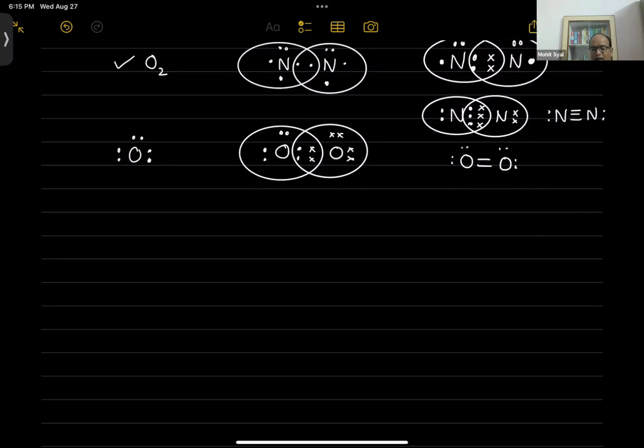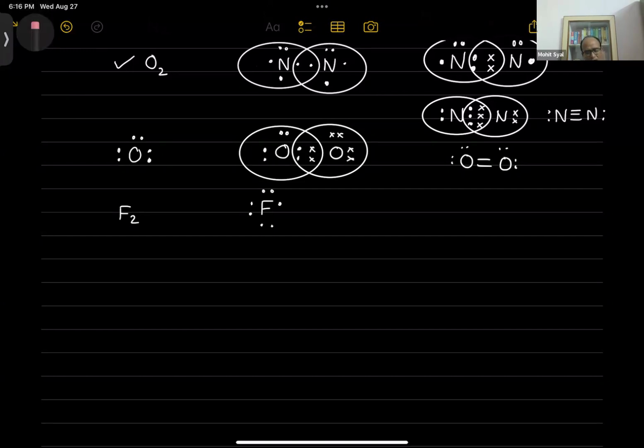Let's try to figure out the F2 molecule. Fluorine. As you know, the atomic number of fluorine is 9, so 2 and 7. Fluorine has 7 valence electrons. So how many more will it need to complete its octet?